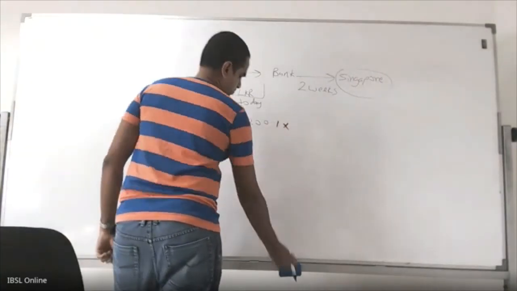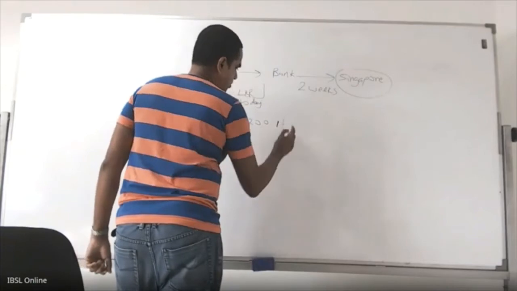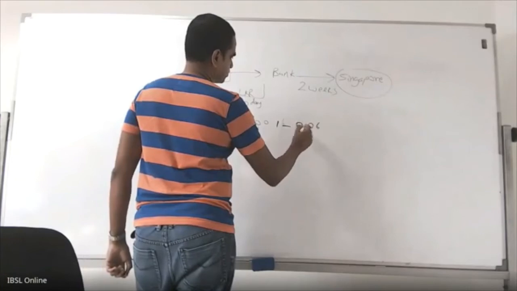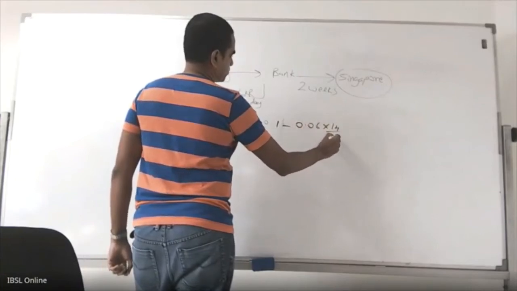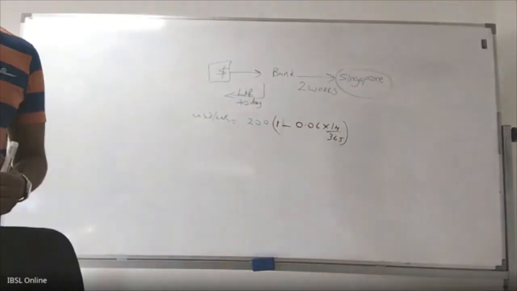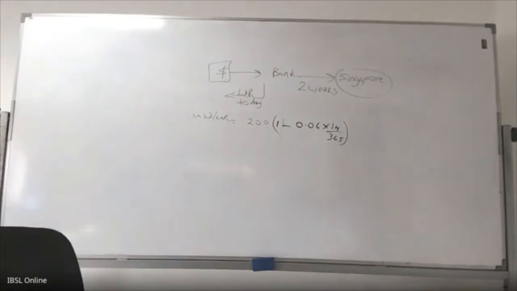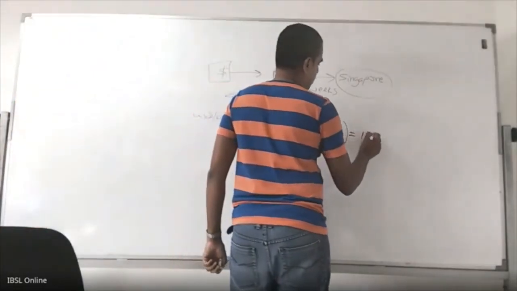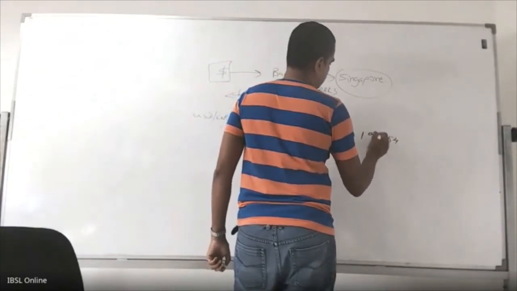Let's assume that interest is being charged at a rate of 6%. This will be the interest charge. So it comes to 199.54 approximately.